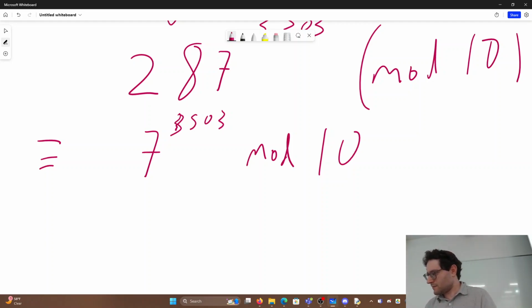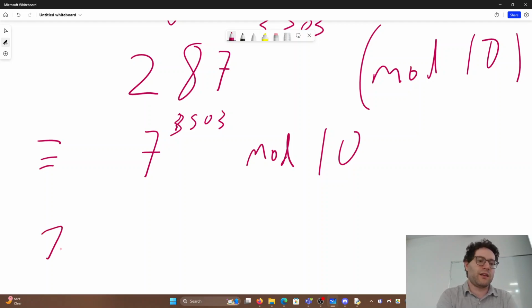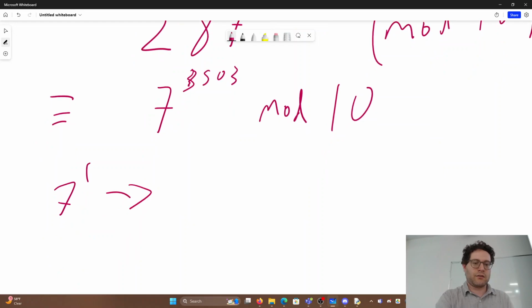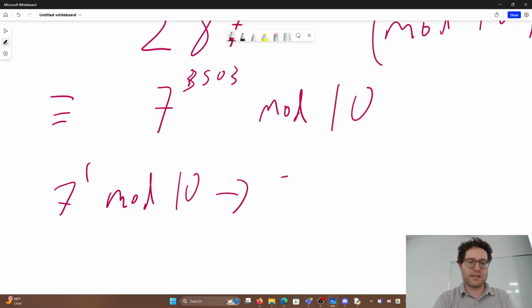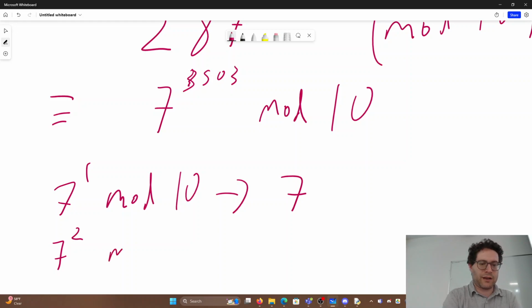But figuring out from here is a bit trickier, right? What we can do is figure out how progressive exponentiations work in mod 10. Let's figure out 7 to the 0, which would obviously be 1. 7 to the first power mod 10 yields 7. 7 squared, that's 49, yields 9.